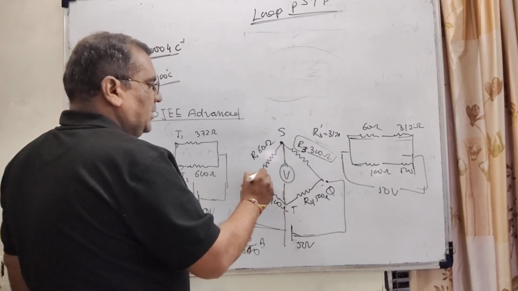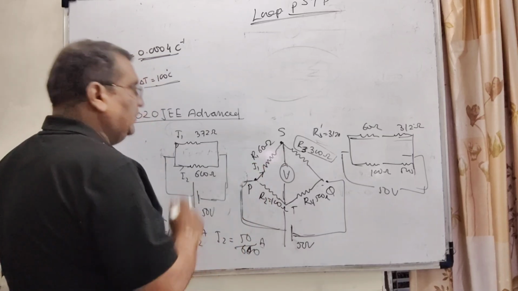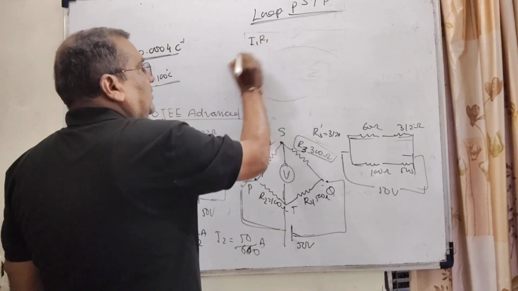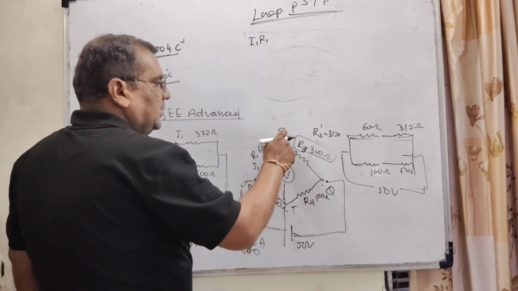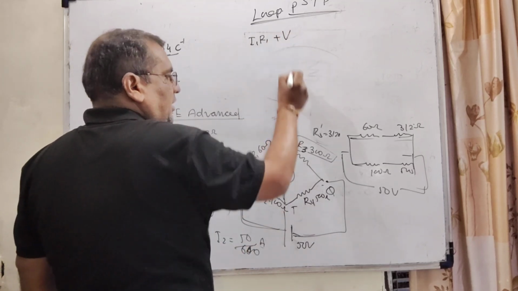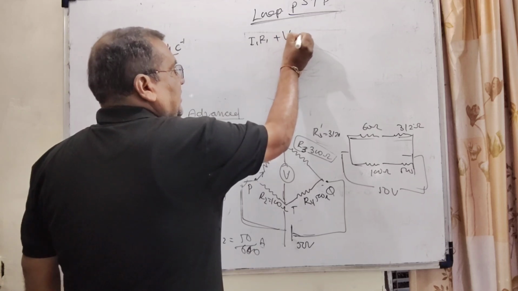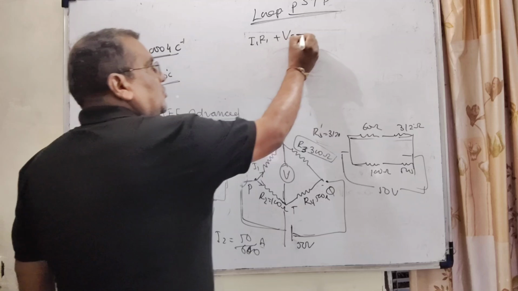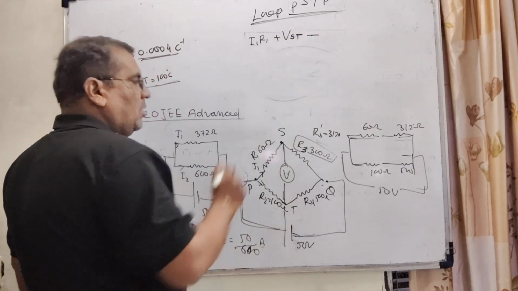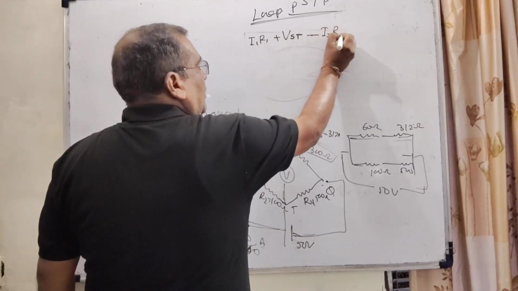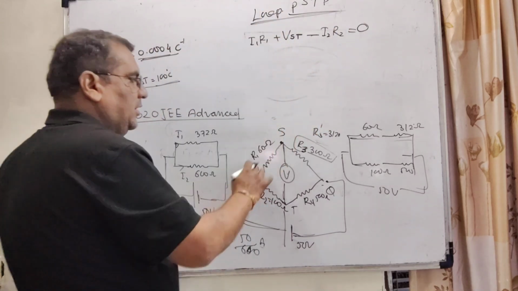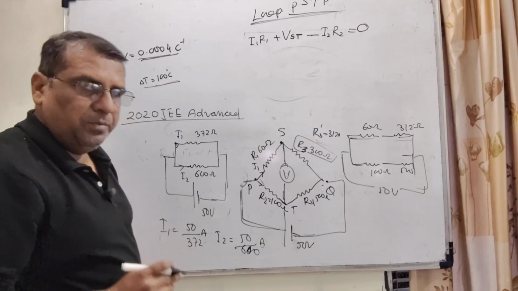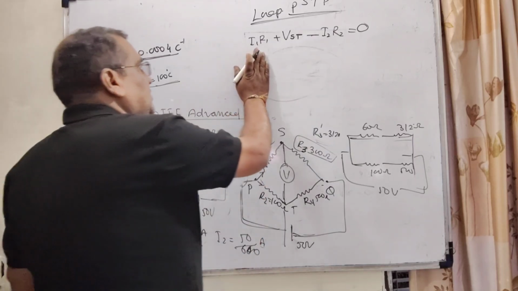So we use this loop rule on the path P, S, T and P. Here the current is I1, so I1 R1 from P to S, then the potential VST, and then, moving against the current, minus I2 R2 is equal to 0, because there is no internal potential source in this closed loop.